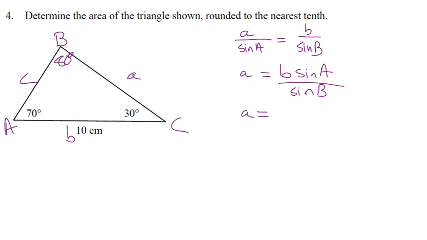All right. So what do we got? 10 sine 70 over, what? Oh, sine 80. Okay, what's A? Just keep reading them off. 9.54.